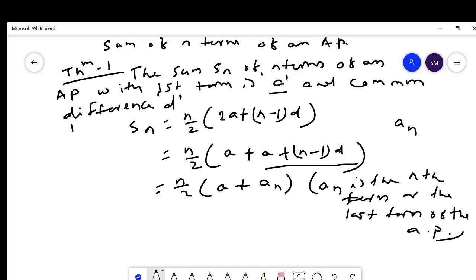This is n upon 2 into (a plus L), where a is the first term and L is the last term. This is the sum of the n terms of an AP.